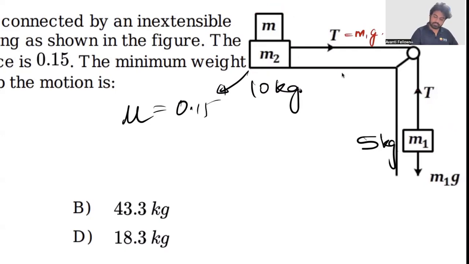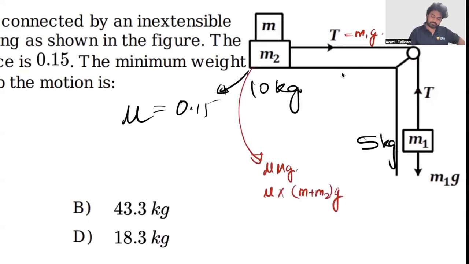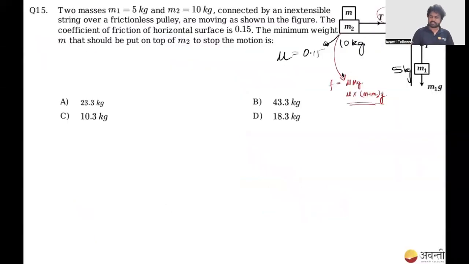That force will be mu mg. Mu is the coefficient of friction, that is 0.15. Mass is the total mass, M plus M2, and g. For equilibrium, this friction force should be equal to the tension force. Then only it can stay in equilibrium. So we'll just equate and we'll get the answer.